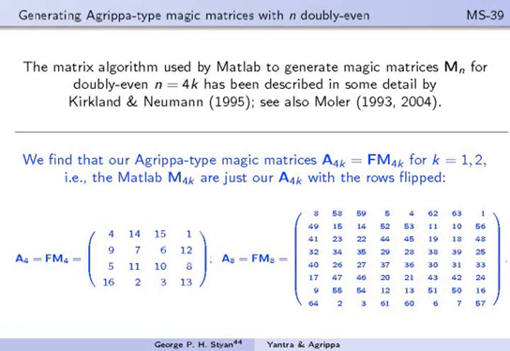We find that our Agrippa-type magic matrices are simply the MATLAB ones when n is a multiple of 4, that is doubly even, with the rows flipped. So our A4 and A8 are the row-flipped M4 and M8 from MATLAB as shown here.